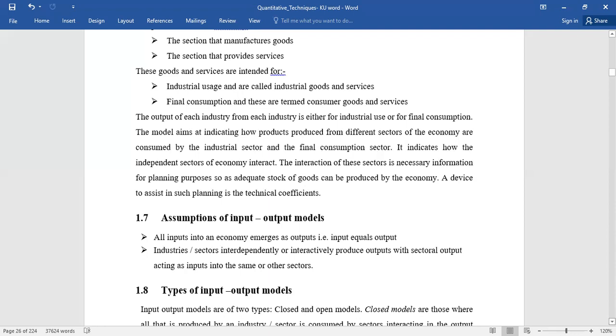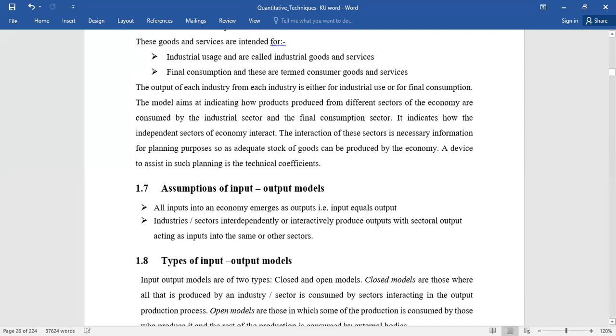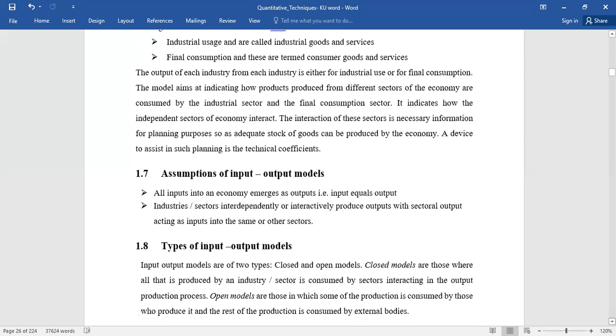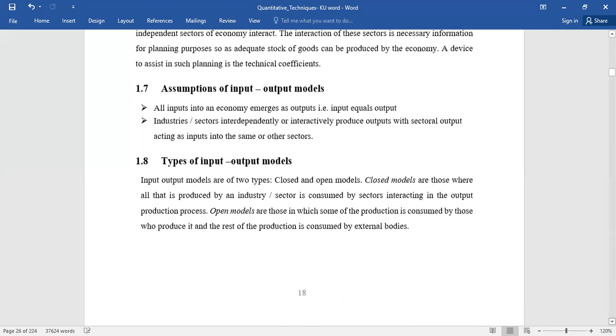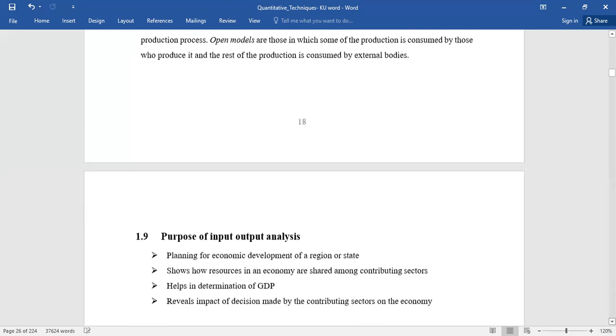Process B output becomes process C input, right? So I've said that we broadly categorize this into two. Open is where we are consuming and we are extending the use to the other sectors of the economy, and closed is where we are producing for our own consumption.